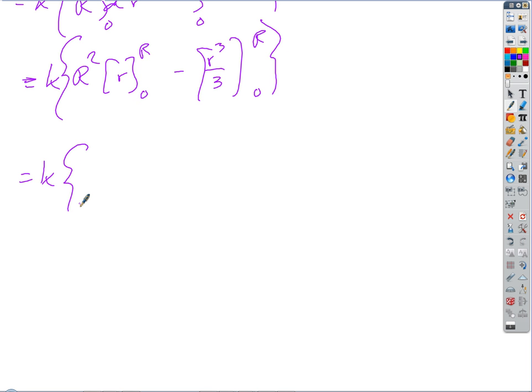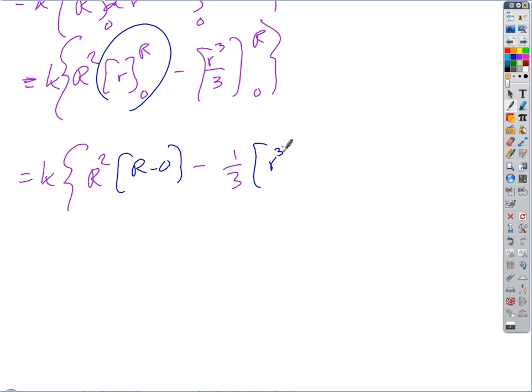So there's k times big R squared times, what's that give us? Big R minus 0, right? Minus 1/3 times, pull the 1/3 out, r cubed from 0 to big R, which is just going to be big R cubed minus 0 cubed, right?